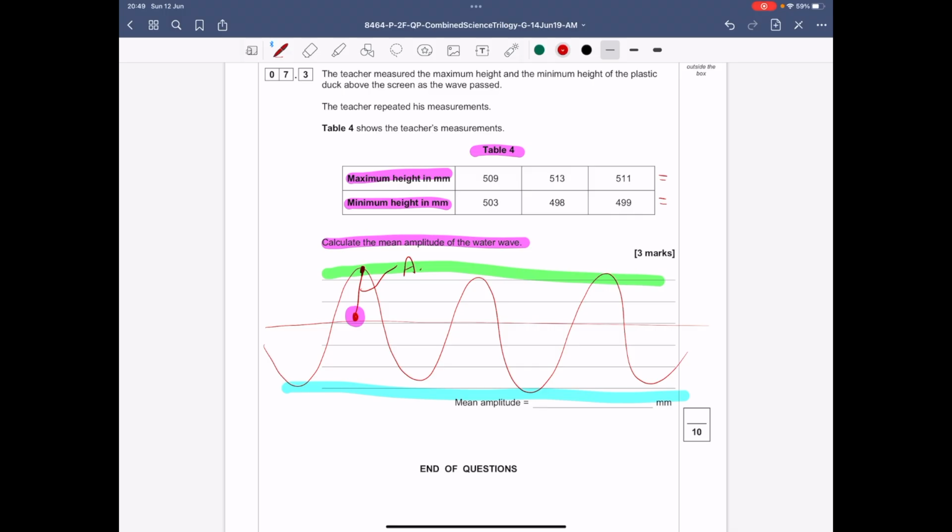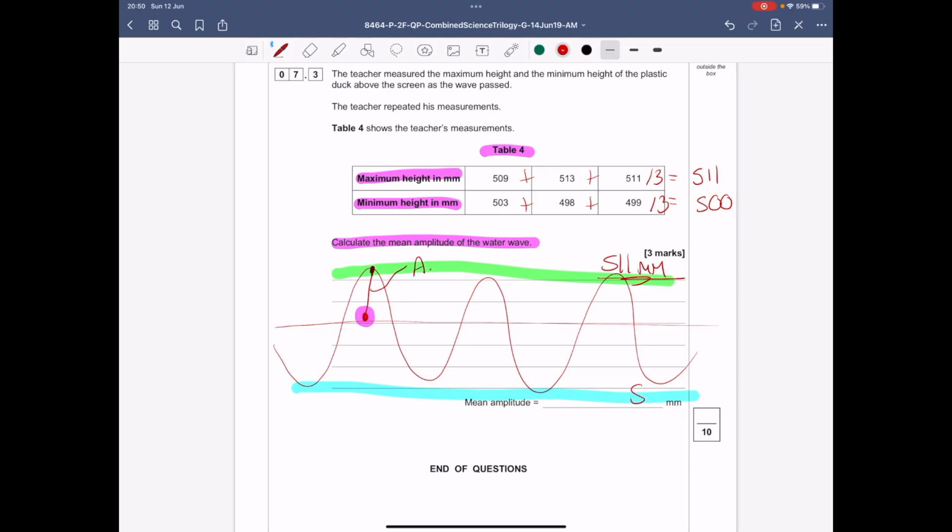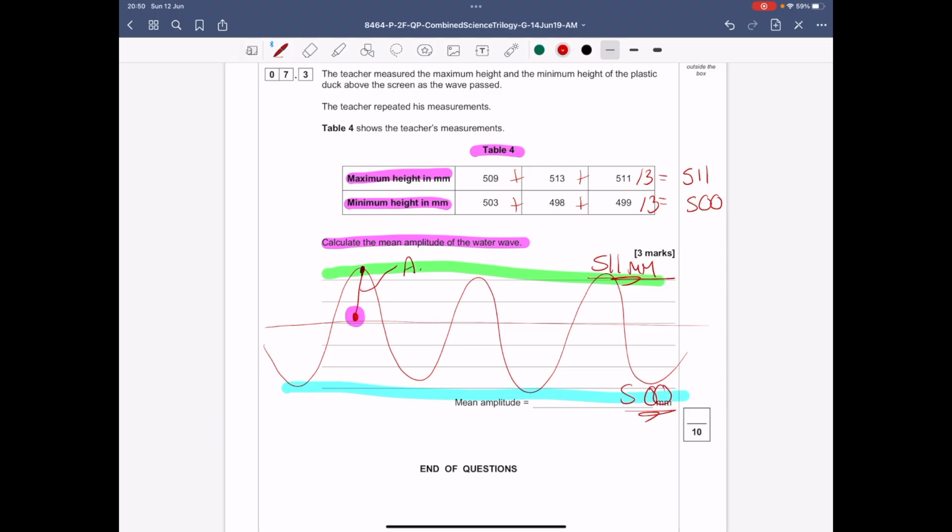The mean of the maximum height is 511: add them up, divide by 3, gives you 511. Add the 3 bottom ones up, divide by 3, gives you 500. So our maximum height on average is 511 millimeters. Our minimum height is 500 millimeters.